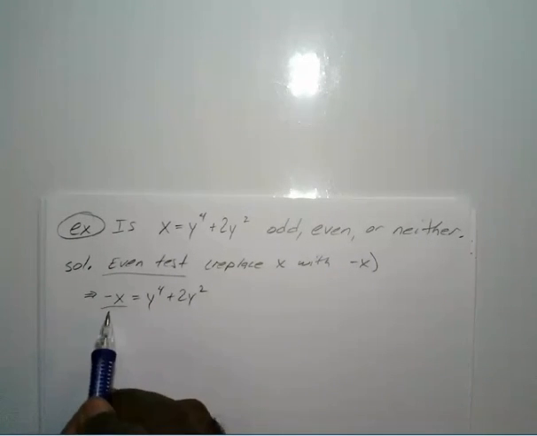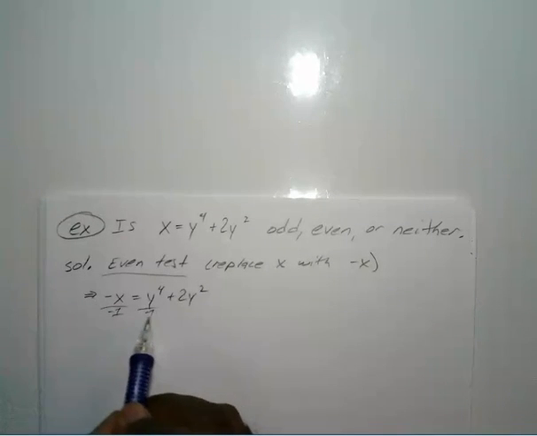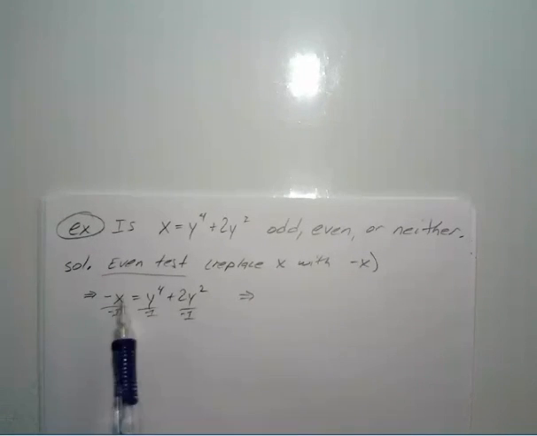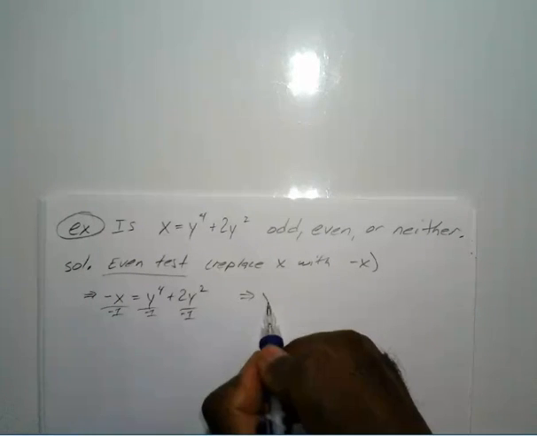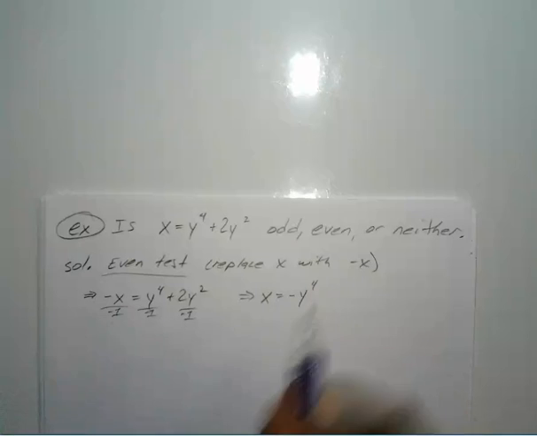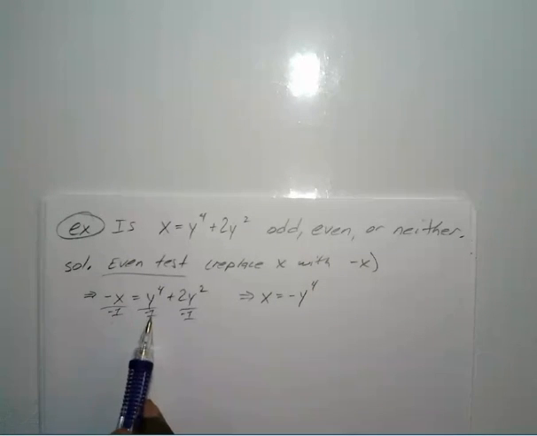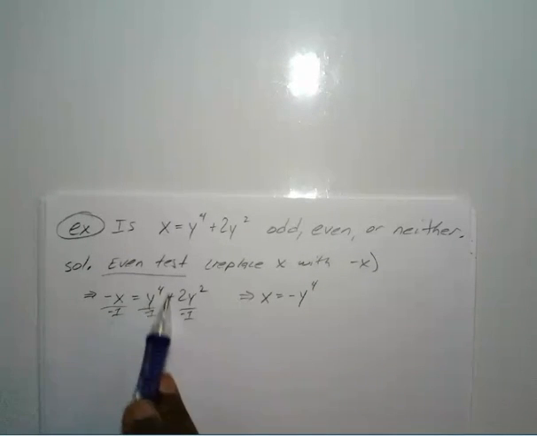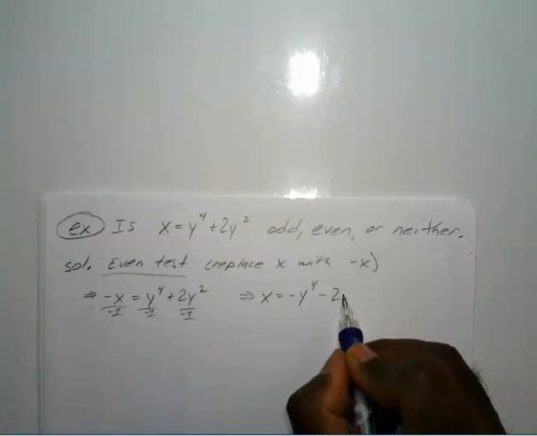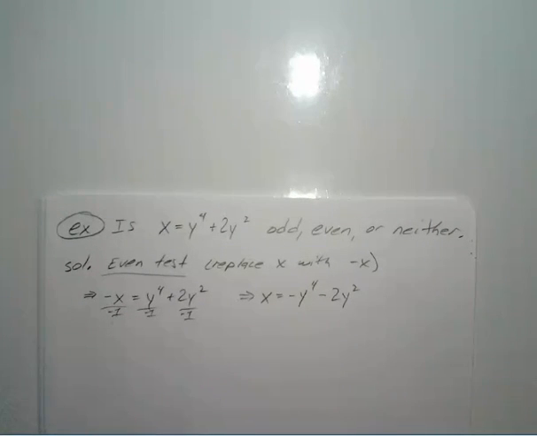So if we divide each one of those by -1, negative divided by negative is positive, so you have x equals negative y to the fourth. We're not going to use the parentheses because that's dividing that whole thing by -1, not the y, minus 2y squared.